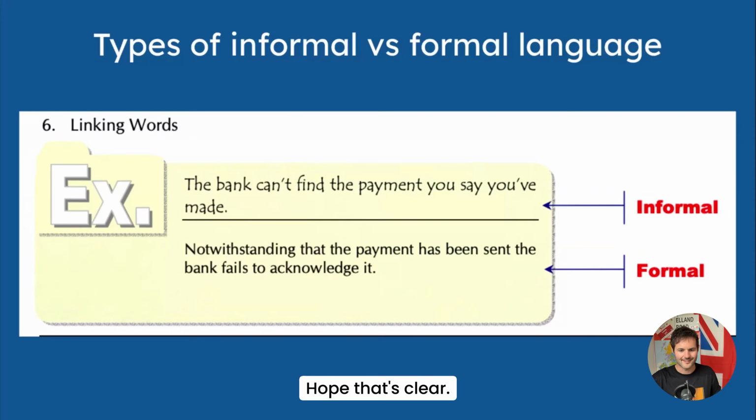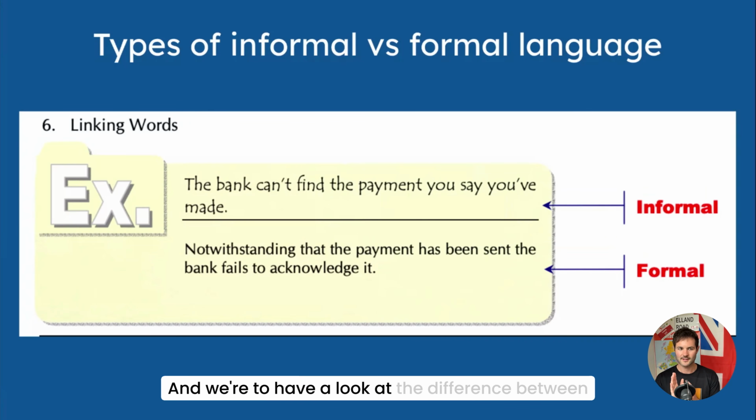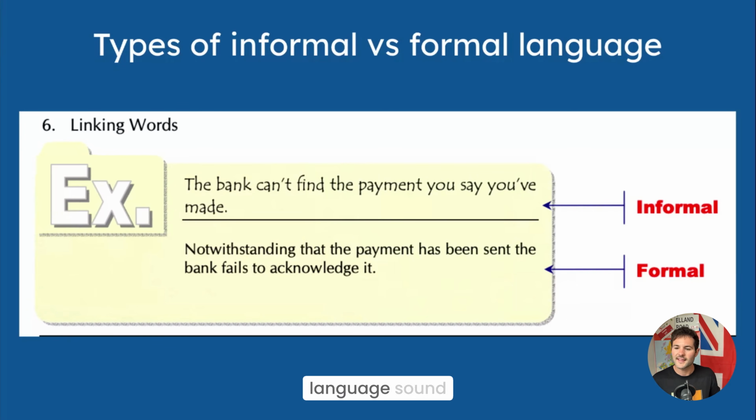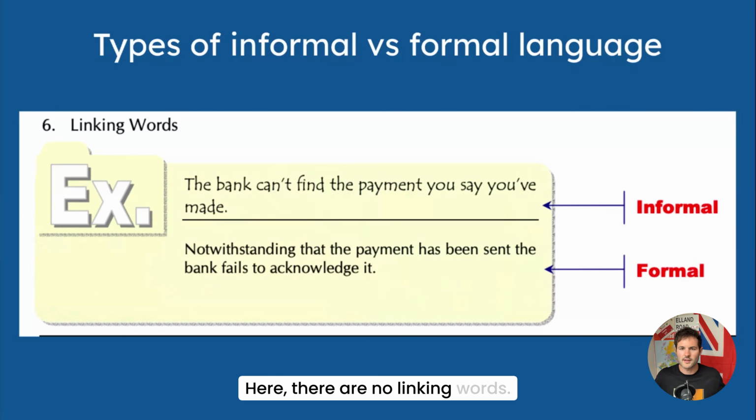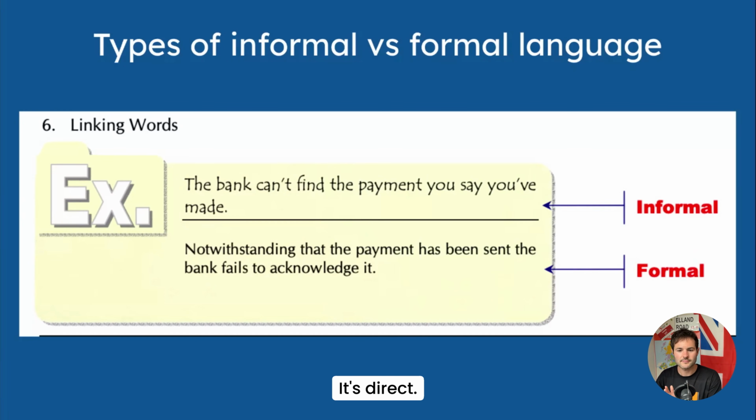Good. Hope that's clear. Now, number 6, linking words. We're going to have a look at the difference between some informal connectors and formal connectors. There are many linking words, connectors, that make language sound much more formal. For example, informal: "The bank can't find the payment you say you've made." Here, there are no linking words. It's direct.